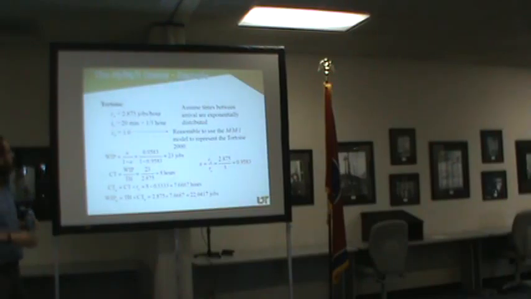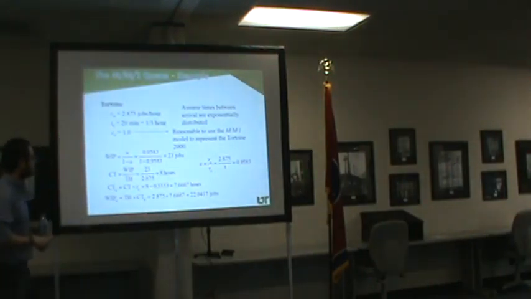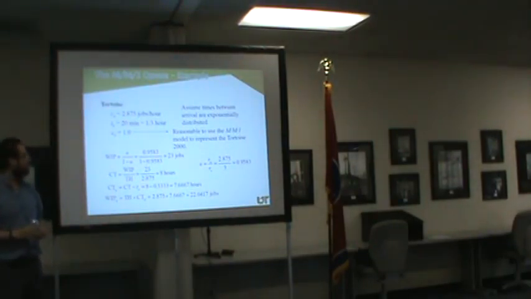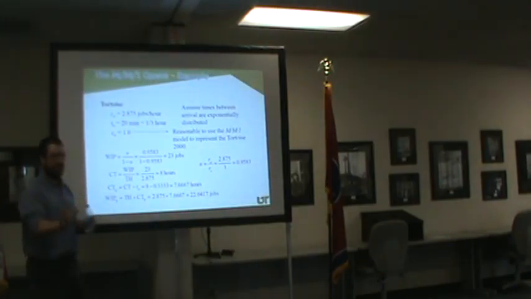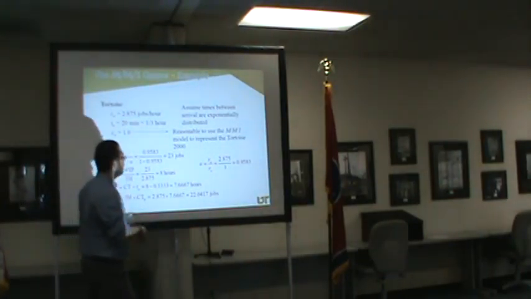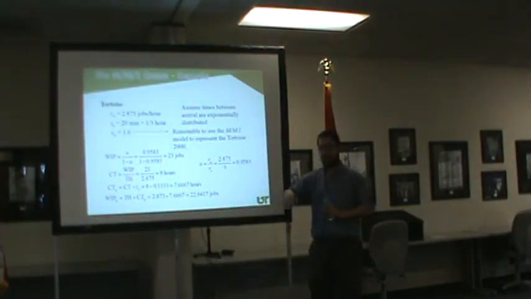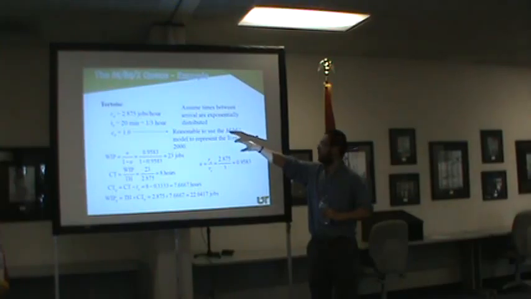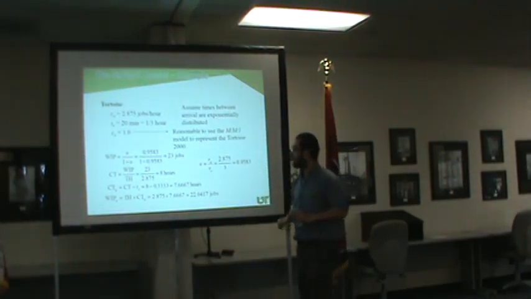And this is the processing time, 20 minutes or 1/3 of an hour. And then the coefficient of variation of the process is 1, just as an assumption, which we will use for this particular example so that it proves a point.